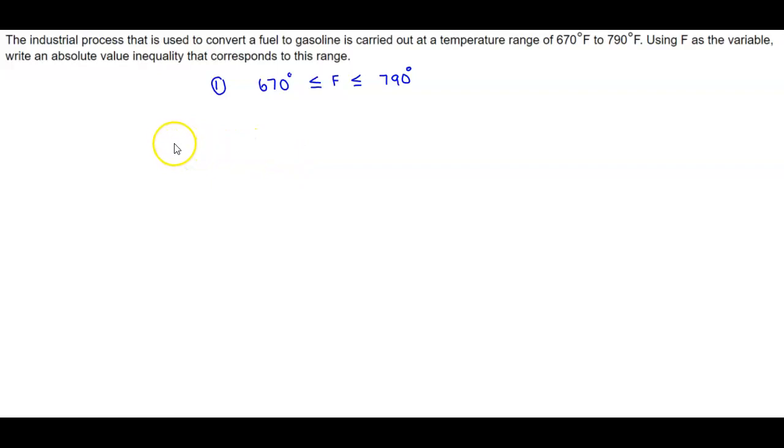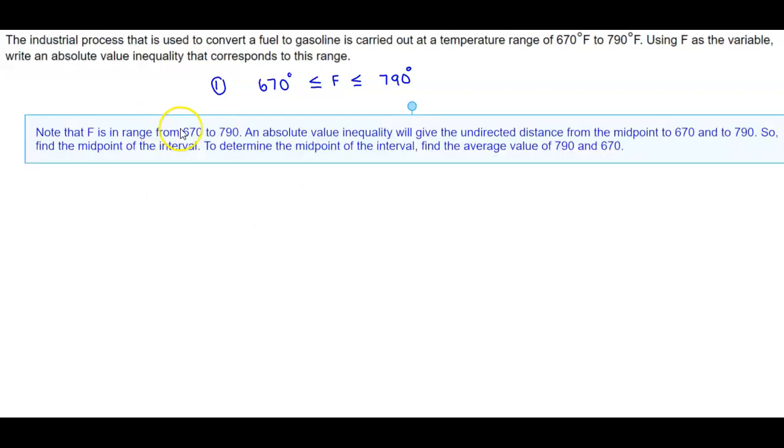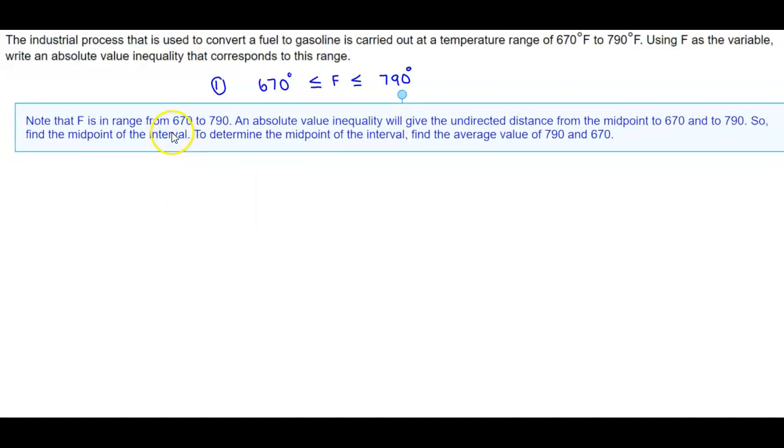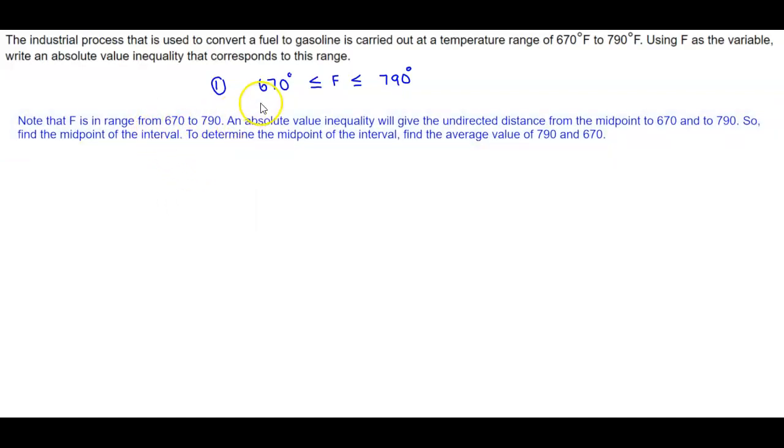Okay, so now what we want to do is the following. Note that F is going to be in the range between 670 and 790. So an absolute value inequality will give the undirected distance from the midpoint to 670 and to 790.